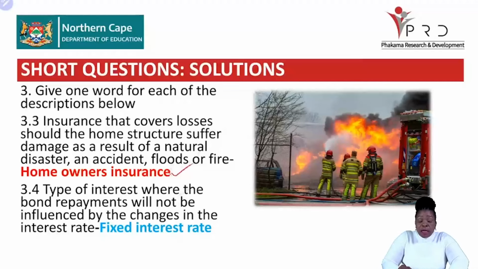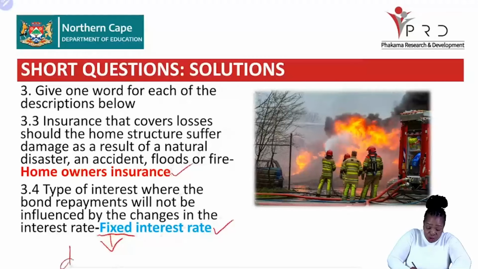And then 3.4 says the type of interest where the bond repayment will not be influenced by the changes in the interest rates. And we call that fixed interest rate. So the word fixed means something that does not change. Let me write there, does not change. Right.